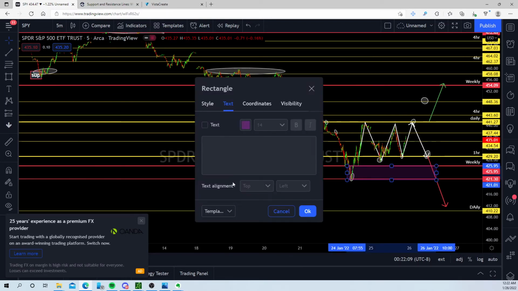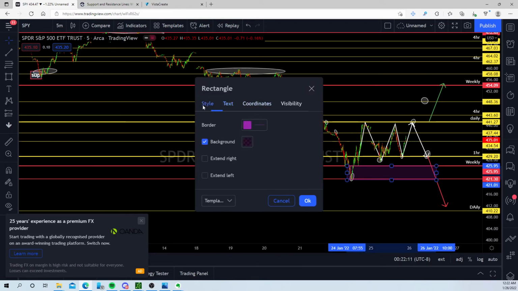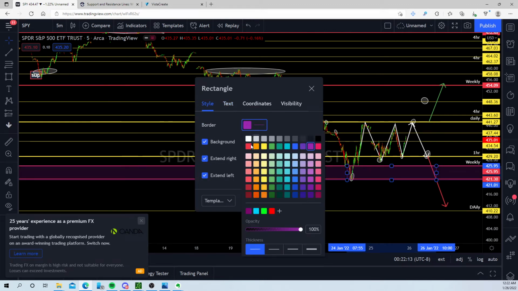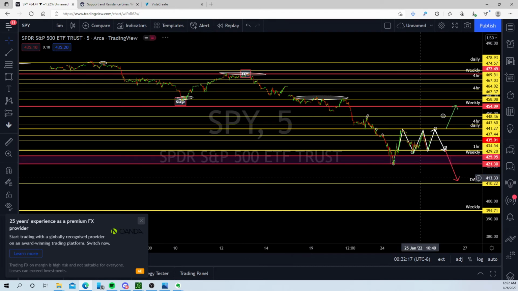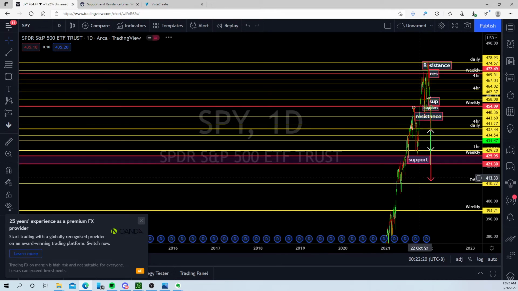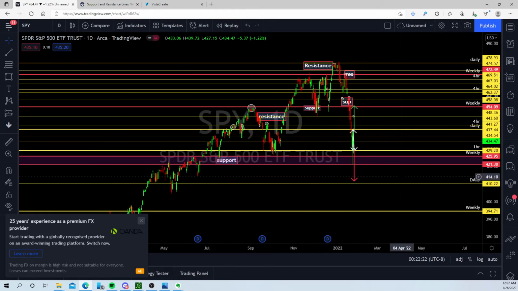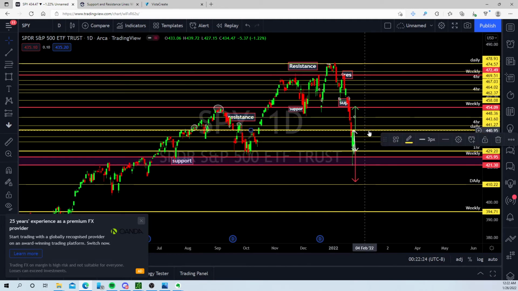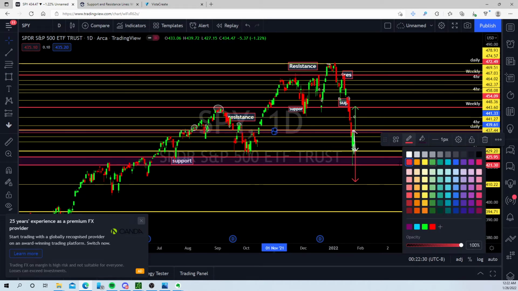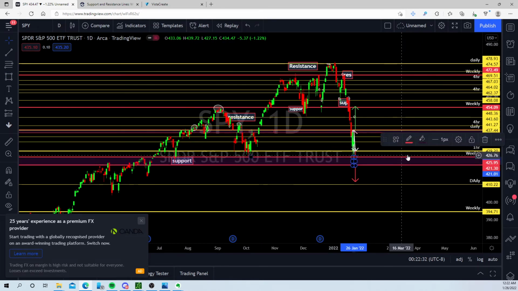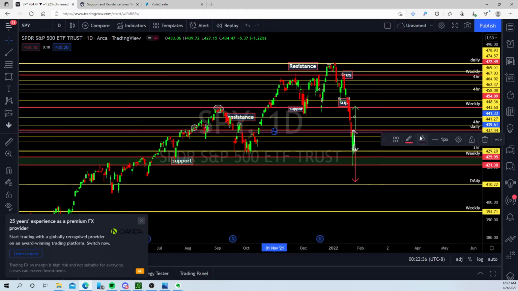So now we could add these levels, extend left and right, make it red because we know our support is there, and we check. There you go, nice support there, and we have resistance right here. So if you guys want to make another resistance right there, make this one green, the bottom one green, obviously buyers, and the top one red.